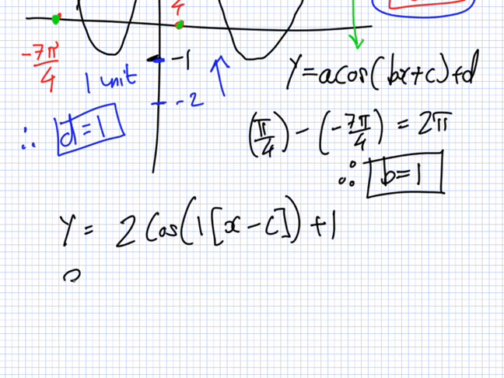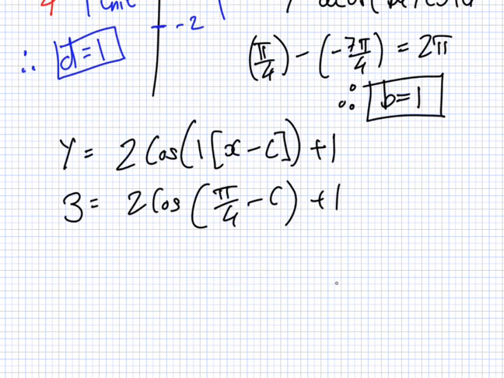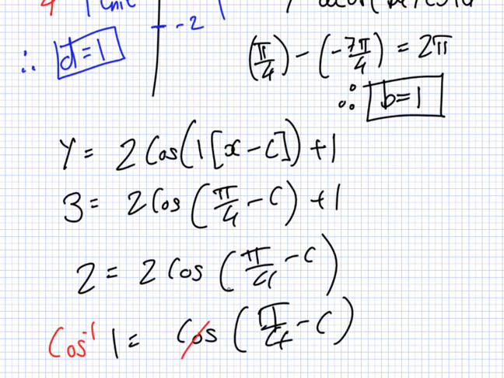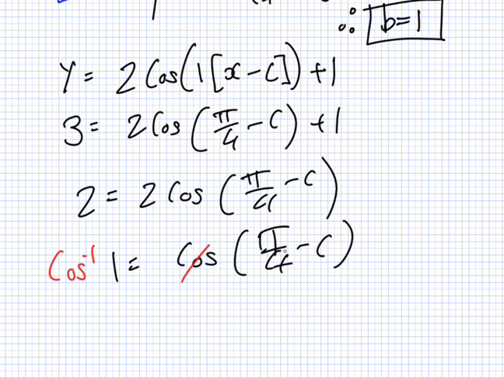So I have 3 equals 2 cos pi over 4 minus c plus 1. So I get 2 equals 2 cos pi over 4 minus c. So I get 1 equals cos pi over 4 minus c. I put a cos inverse here. Cos inverse of 1 is 0, equals pi over 4 minus c.